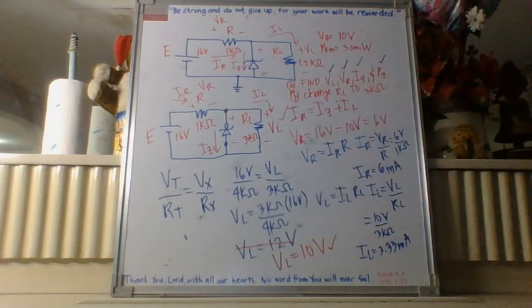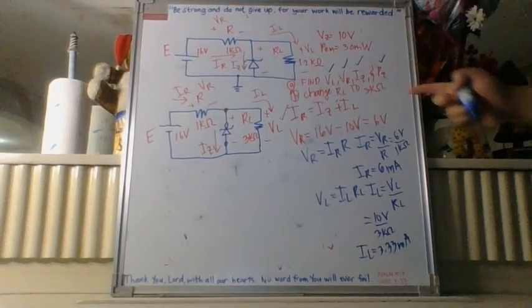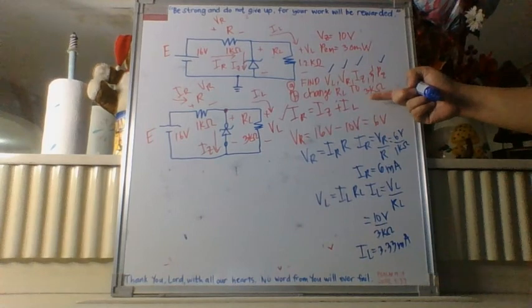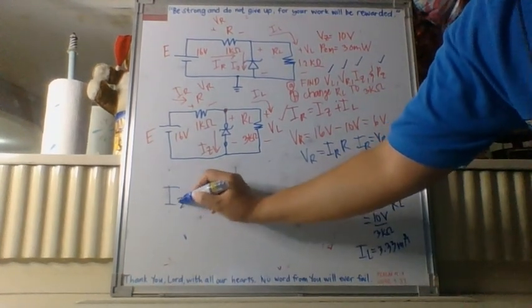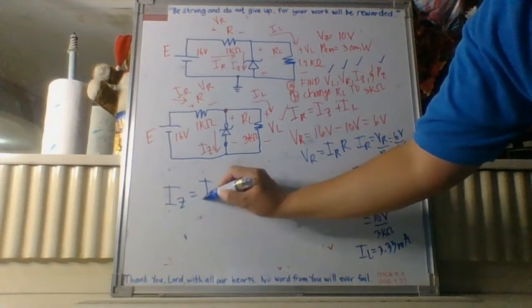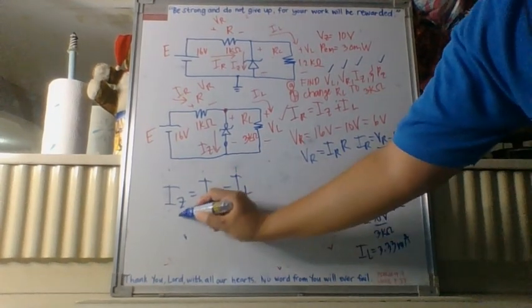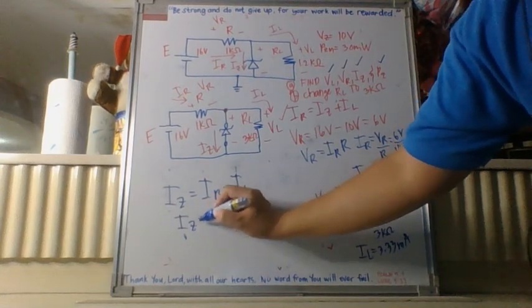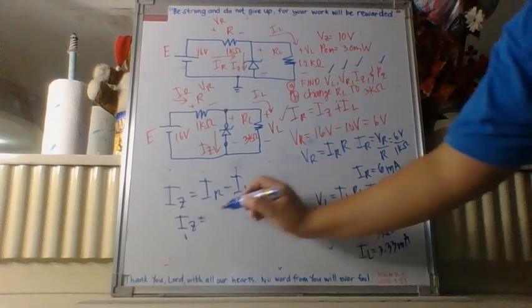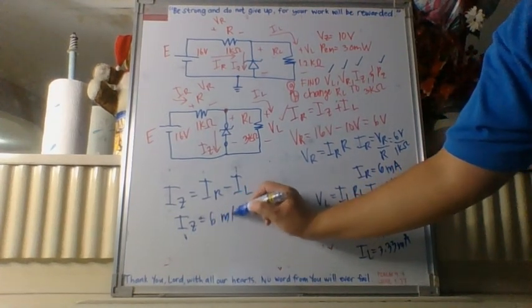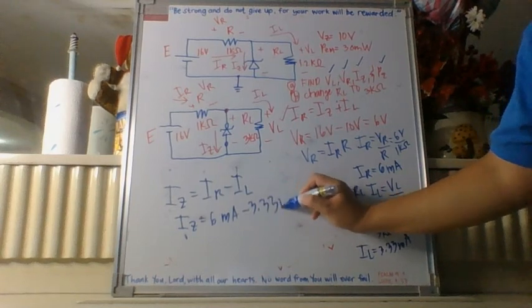How do we solve for I sub Z now? We go back to this equation. So this equation can be rewritten as I sub Z equals I sub R minus I sub L. So I sub Z, which is the Zener current, is now equal to 6 milliamperes minus 3.33 milliamperes.